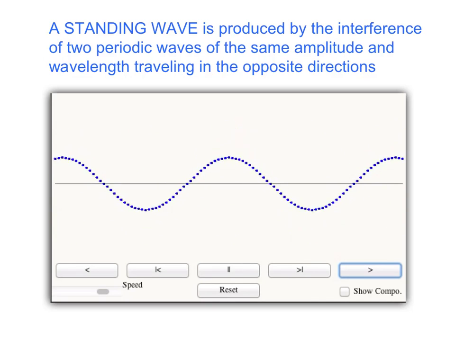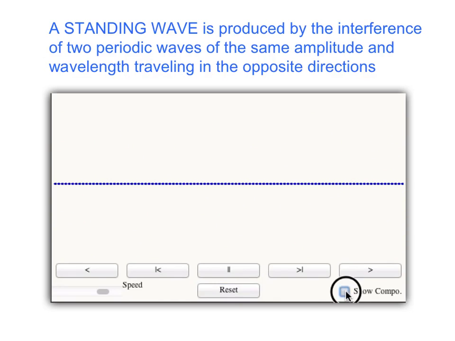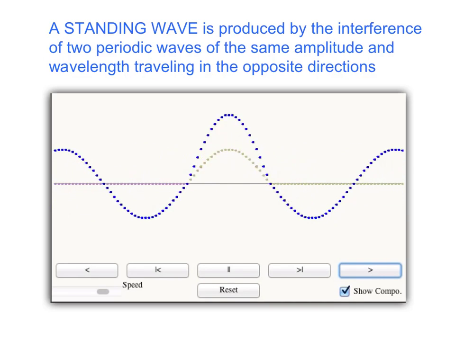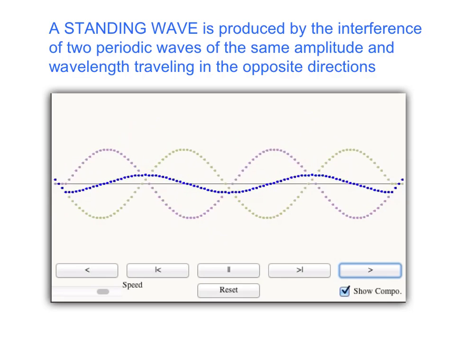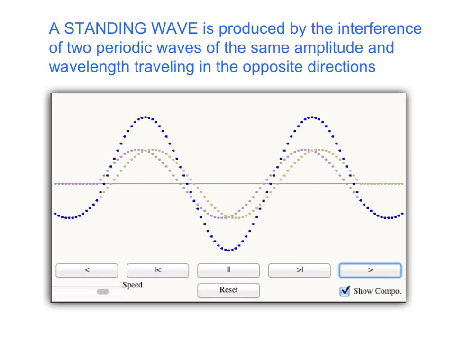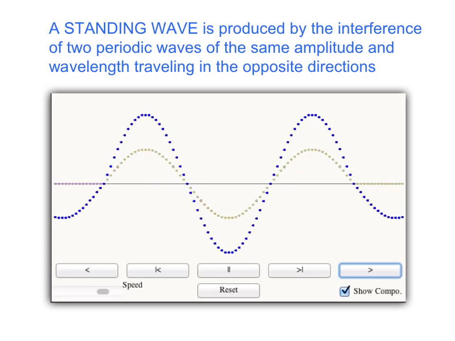Now we know that there are two kinds of interference, constructive interference and destructive interference. So let's look a little more closely at the standing wave by paying attention to the individual waves moving through it. Let's first notice that there are times like this where the two waves are almost completely lined up.